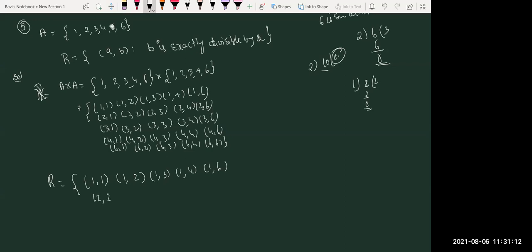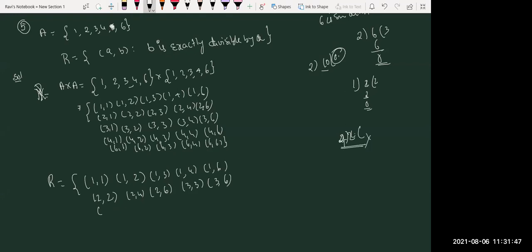2 comma 2 is possible or not? Yes, sir. And what about 2 comma 4? Possible, sir. 2 comma 6 also possible. 3 comma 1 is not possible. 3 comma 2 also not possible. 3 comma 3 is possible. 3 comma 6 also. 4 comma 2: 4 divisible by 2?